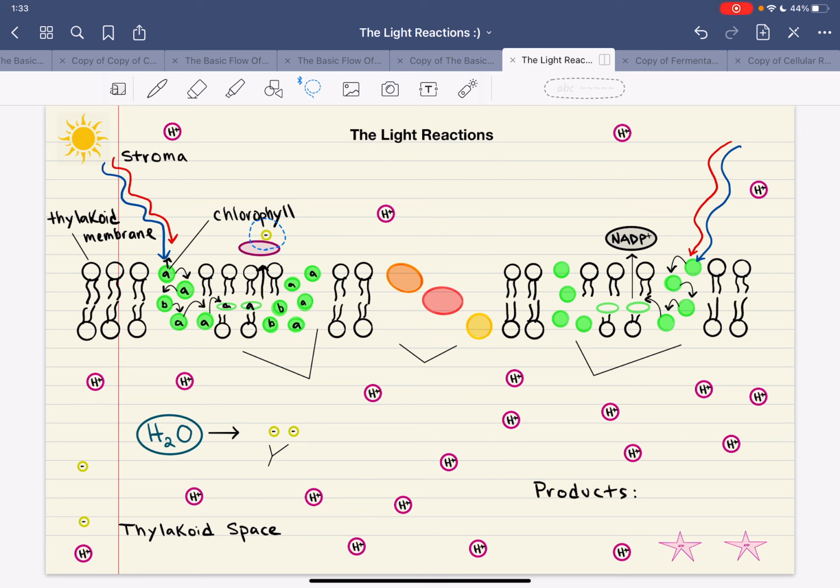And what happens is that electron actually gets taken away from this chlorophyll molecule and, in a sense, stolen by this molecule here in purple. Now, since this chlorophyll molecule just lost an electron, it really wants an electron back. And our next question is, where are we going to get a new electron from? The answer is water. This is why plants need water to do photosynthesis.